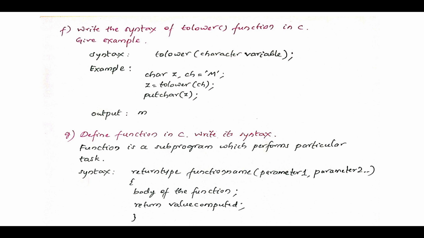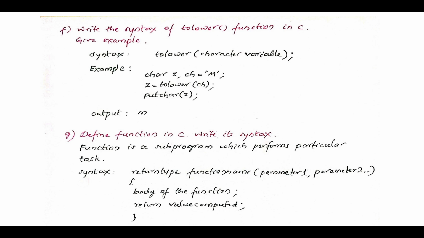Next question is, define function in C. Write its syntax. As you know, a function is a subprogram which performs a particular task. A function is used when the problem is larger and you want to divide it into sub problems. That is called a function. This is the syntax of function definition.